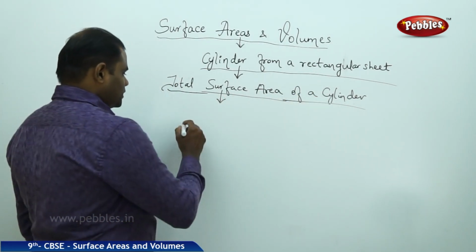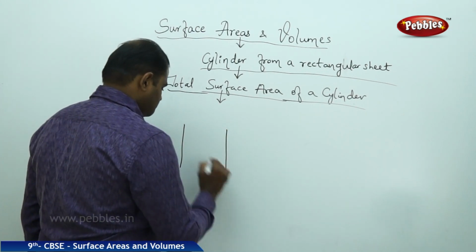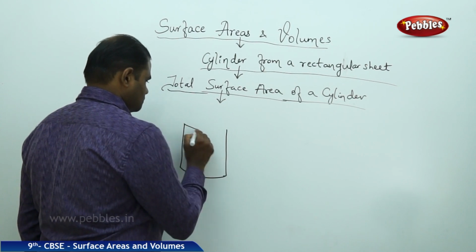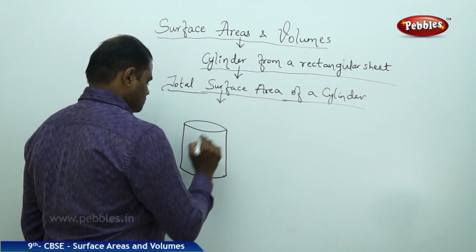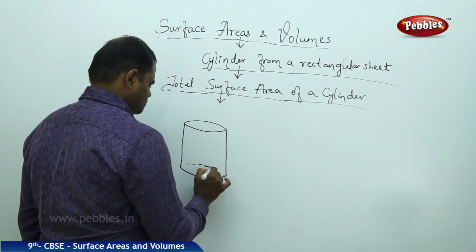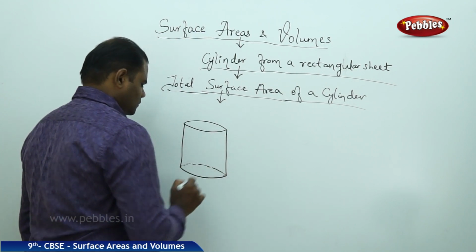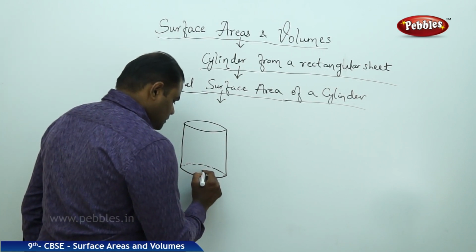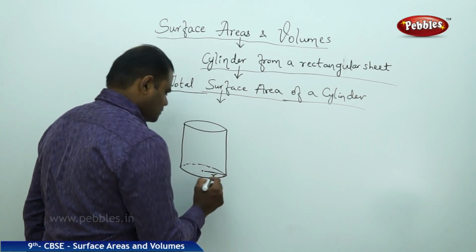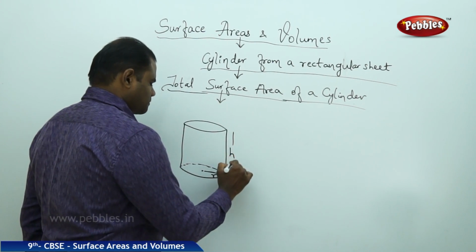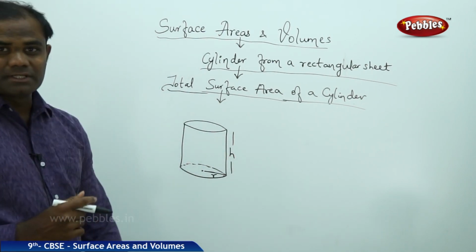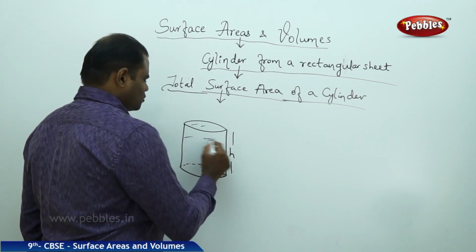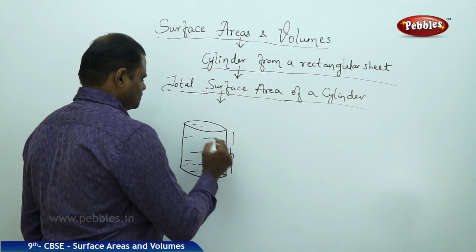So imagine I take a cylinder, and the radius of the cylinder, say, is r and the height is h. Now the difference here is that this cylinder is closed both at the top and bottom.